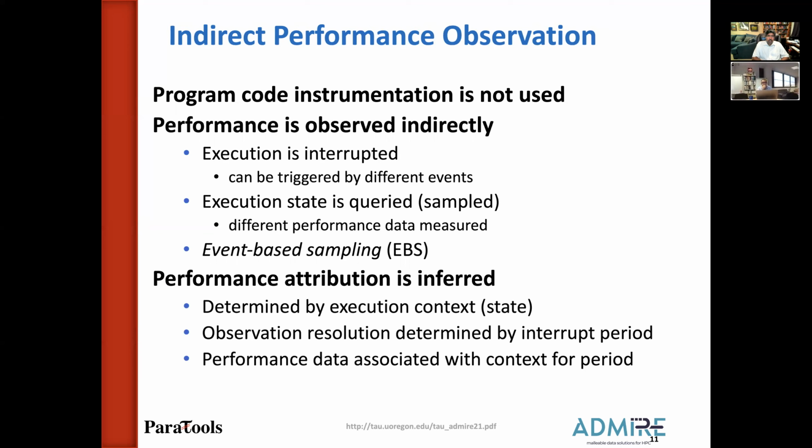And so based on the number of samples that we collect, we infer the performance and say that based on the number of samples and the interrupt interval, we estimate that the time spent in this code region is so much.